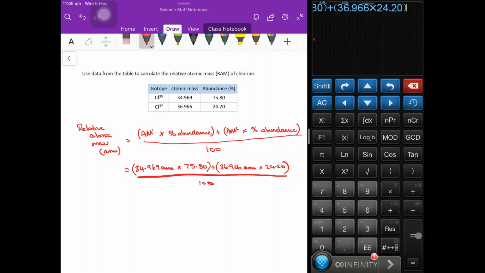And I know I've got to divide it all by 100, but I'm going to solve for the numerator first, and then it makes it a bit easier for me, at least in my mind, to then divide that result by 100.